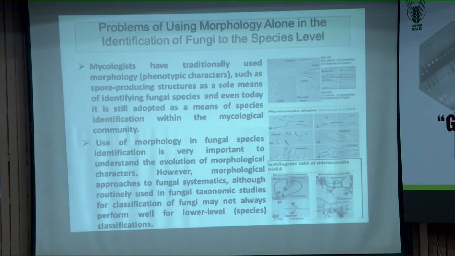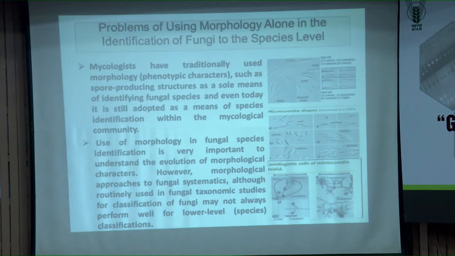If we go for morphology, for Fusarium, you might be aware, we have to see many characters starting with the chlamydospores, whether chlamydospore is present or not. Then you see it is not present, so you have gone one step further. Then you have seen whether macroconidia is present or not. If macroconidia is there, what is the shape of the conidia, then what is the size of those conidia, then you have gone further.